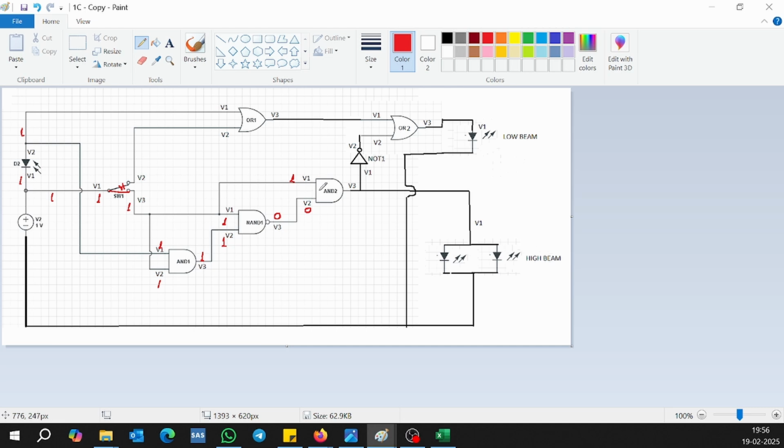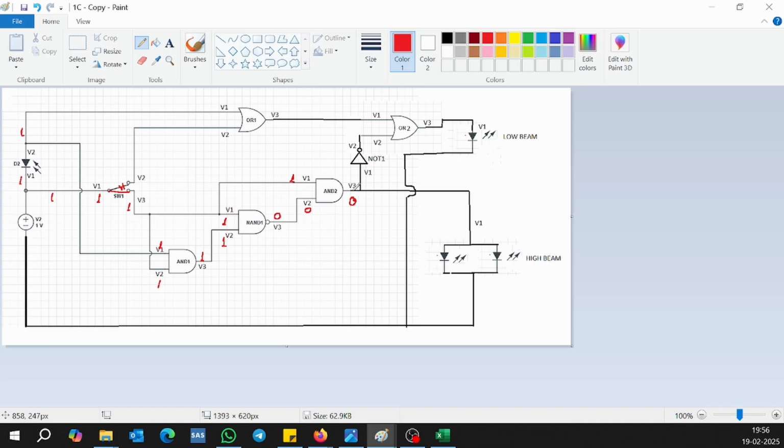Once V1 is 1 and V2 is 0, the output from the AND 2 will be 0. You can check the truth table. The output will be 0.